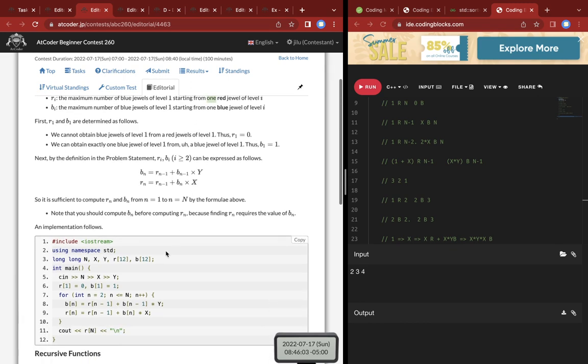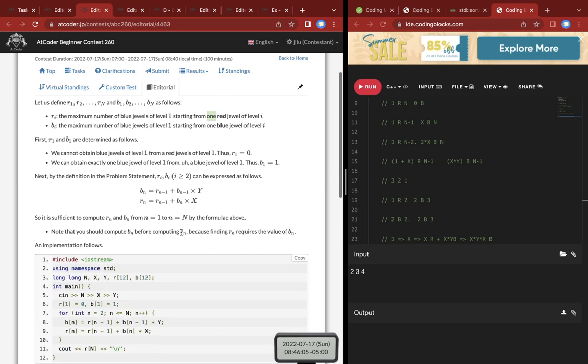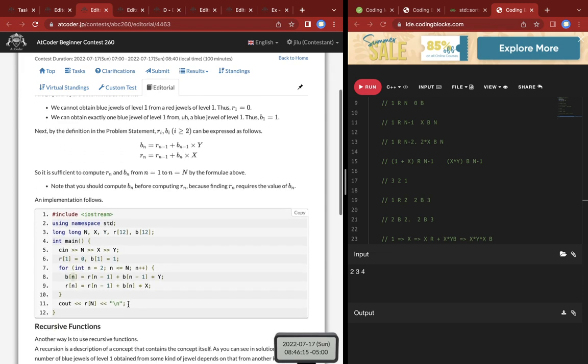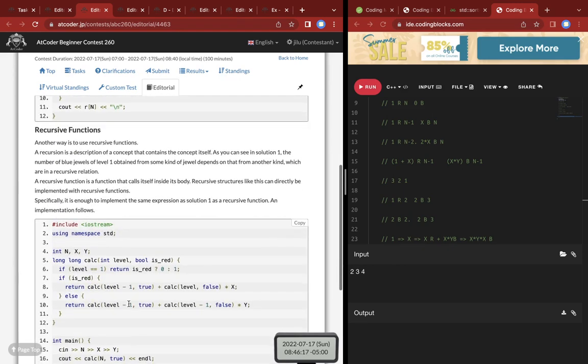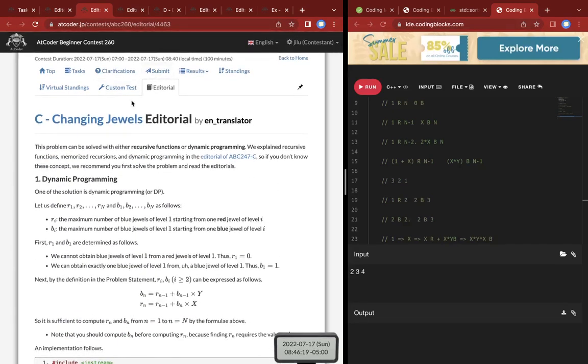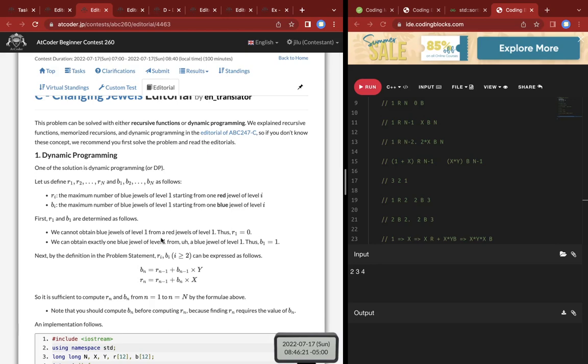So, 1 red. All of these calculations are for 1 blue or 1 red of this level. Nice one. There is another way, but wait a second.